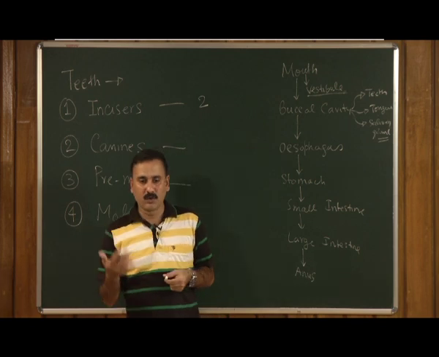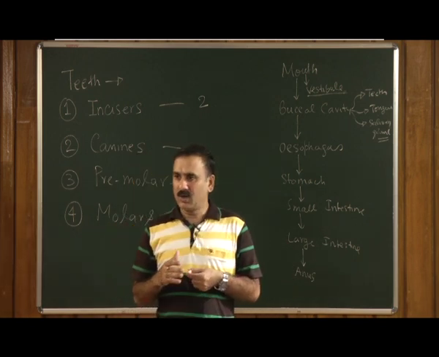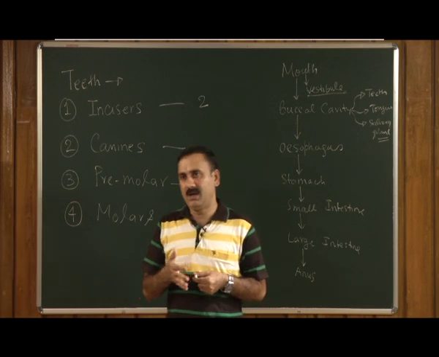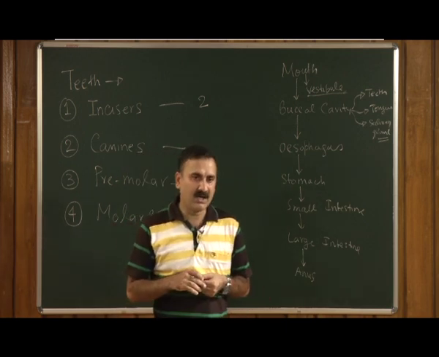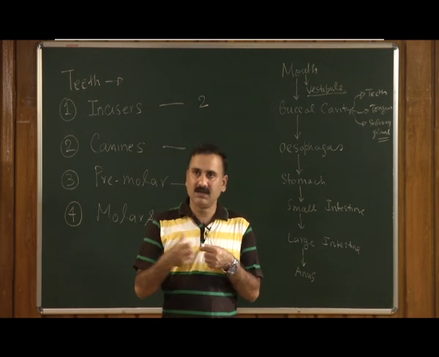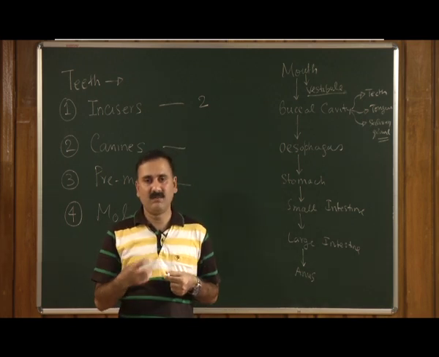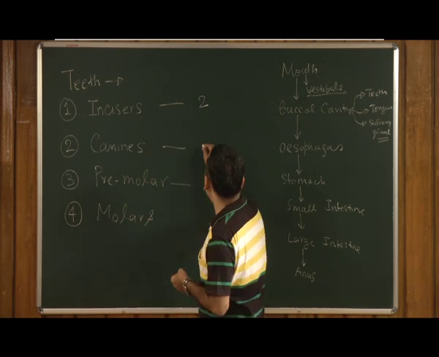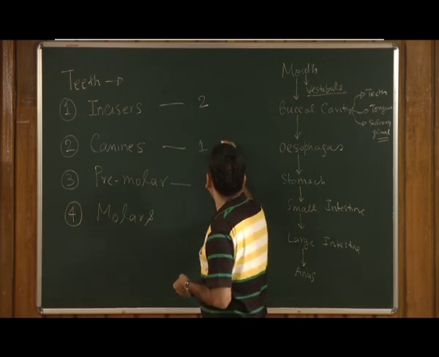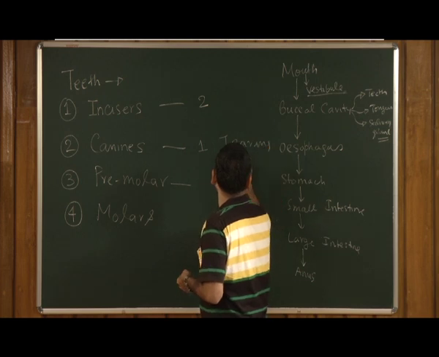So, these are also called tearing teeth, and they are mostly present in carnivores, to help them tear the flesh into smaller pieces.